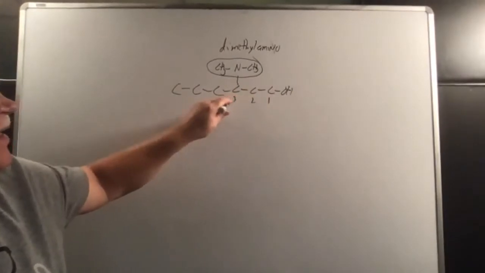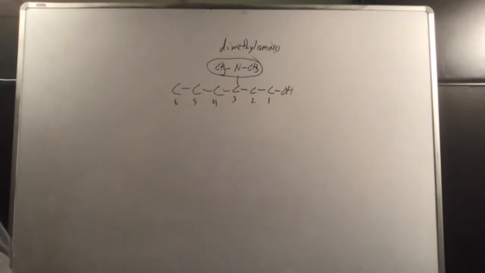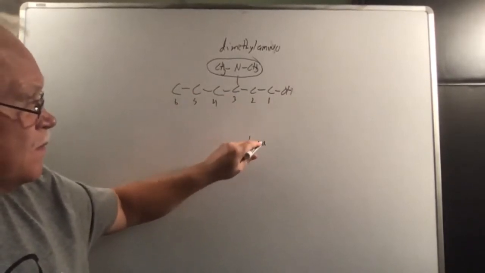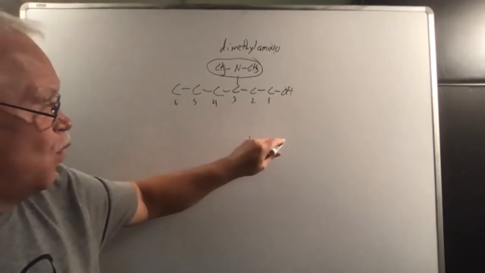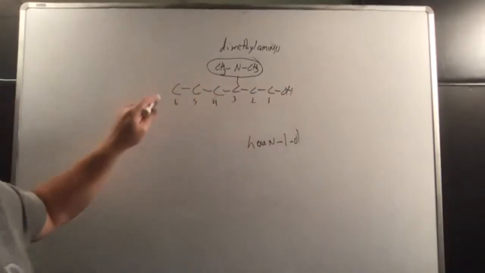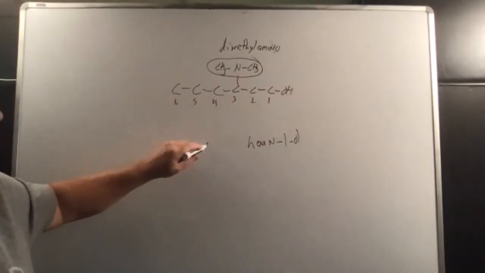Okay, again, since it's an alcohol, the alcohol gets the higher priority. So this is going to be a hexane 1-ol. That takes care of all of this piece. And what's the attachment?